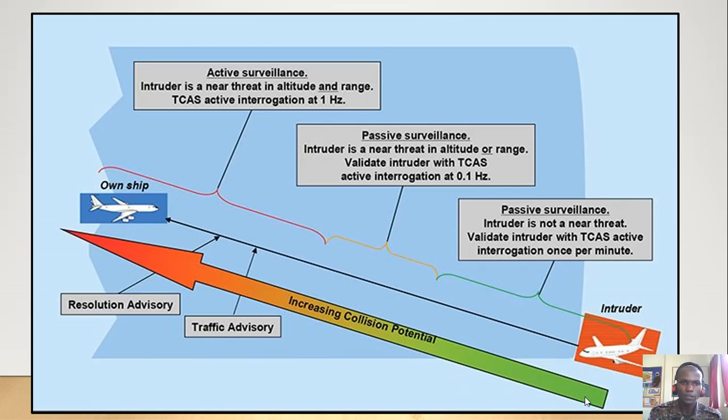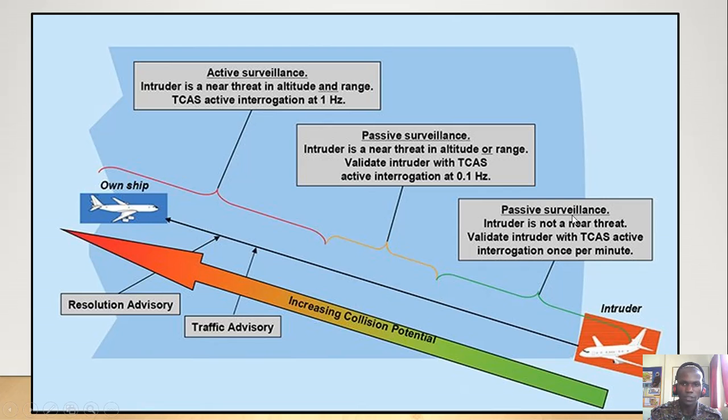So here we can see our own aircraft. This is the intruder aircraft. Active surveillance. Intruder is near threat in altitude and range. TCAS active interrogation at 1 hertz. As you reach this region, passive surveillance. Intruder is near threat in altitude or range. Validate intruder with TCAS active interrogation at 0.1 hertz.